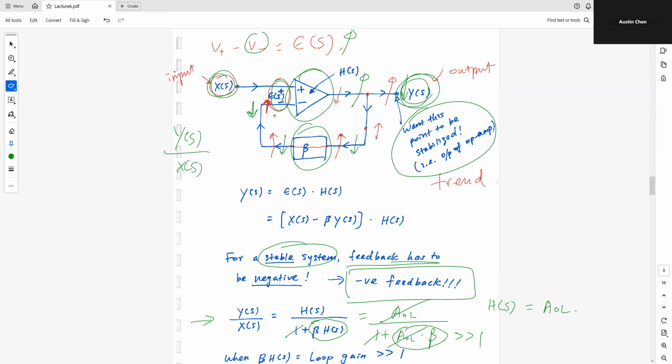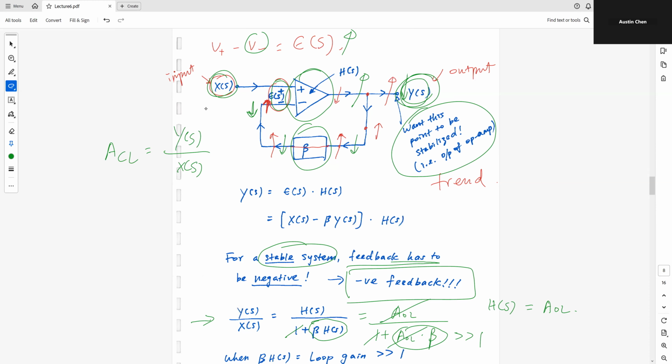This is basically your ACL, and this is what you're interested to know, so that you can understand the voltage gain under this closed loop configuration. So this is what we're interested in.